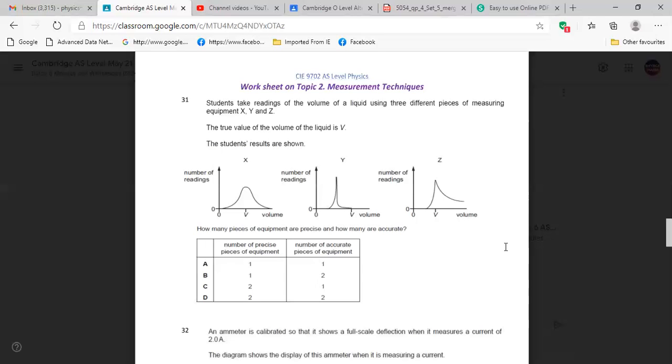And the number of readings is going sharp. Even this is giving us neither a precise nor an accurate value, right? Yes, sir. In Y, but in Z we have number of readings.